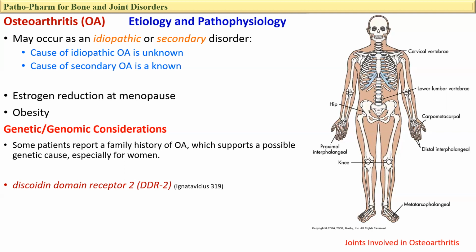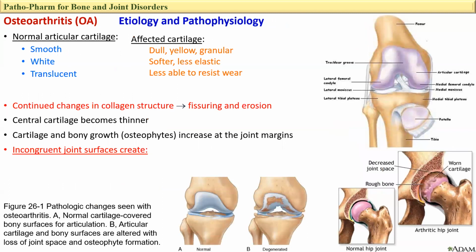So studies are being conducted to explore the genetic factor related to osteoarthritis. In other words, there is some genetic predisposition or association between osteoarthritis and this genetic factor, which is specific to DDR2.